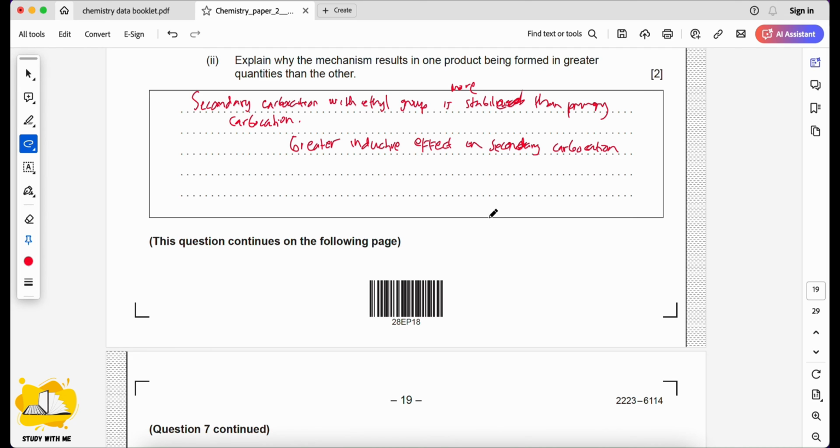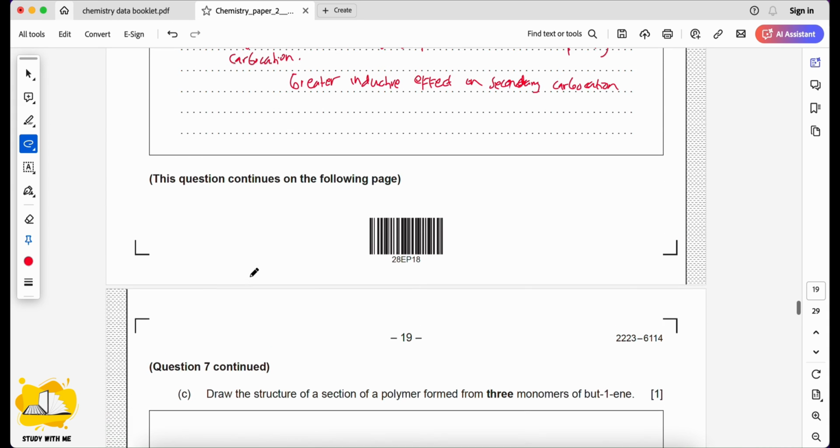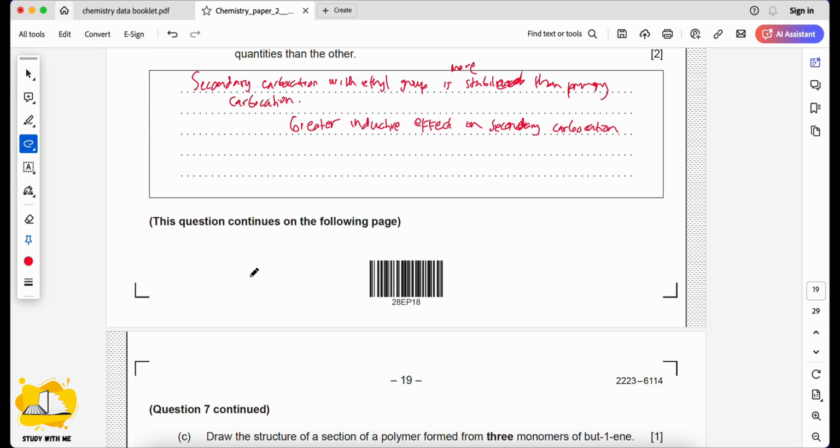Okay, so the secondary carbocation is more stable because it has more adjacent carbon atoms spreading out the positive charge. This carbon atom is directly bonded to another carbon atom in the molecule. If we want to compare the primary carbocation with secondary and tertiary, why it is more stable, I will just draw it here so you can see the primary carbocation.